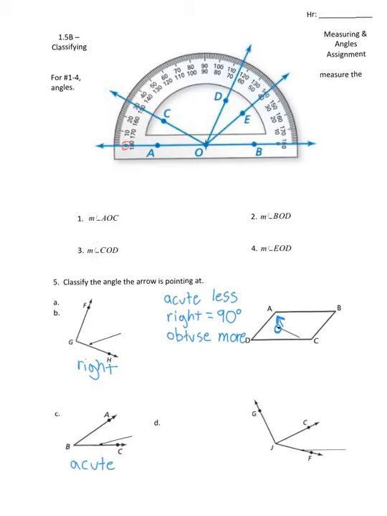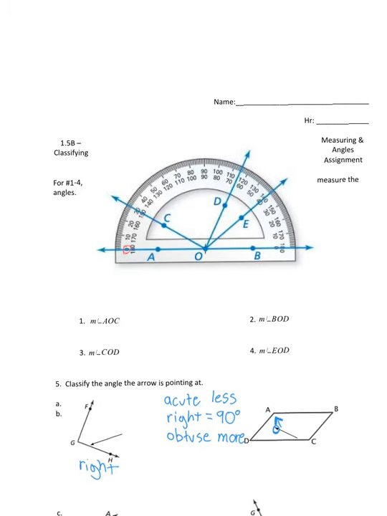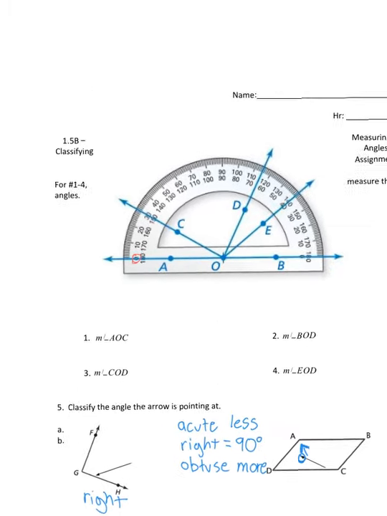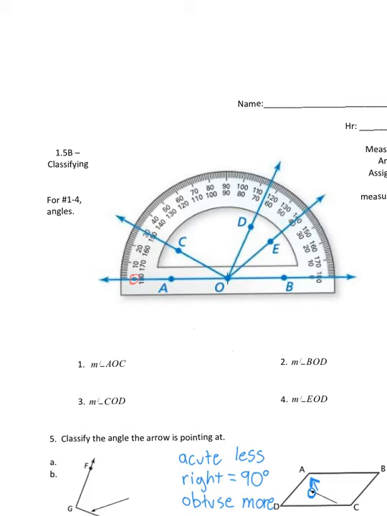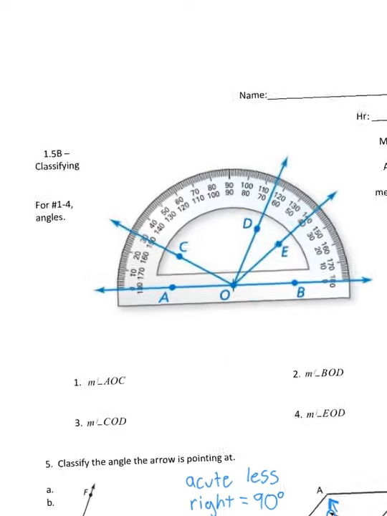Okay, so now let's go on to the top part, and let's look at number 1 and 2 together. Number 1 says find the measure of AOC.